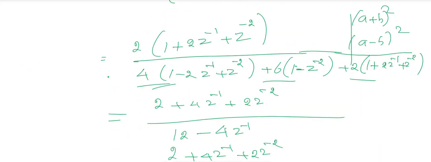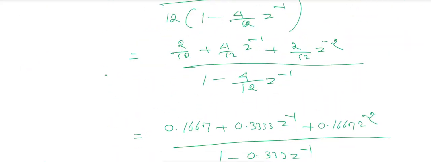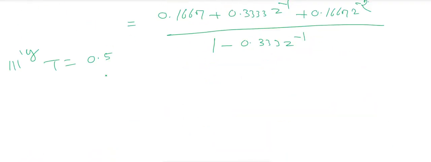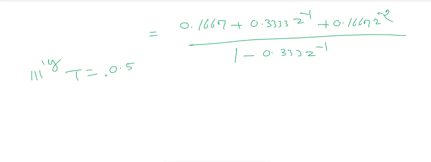Okay, so this is the bilinear transformation technique. Similarly, some problems I'll give to you. You can practice, and you can take problems from the books. Some other examples I'll give to you.